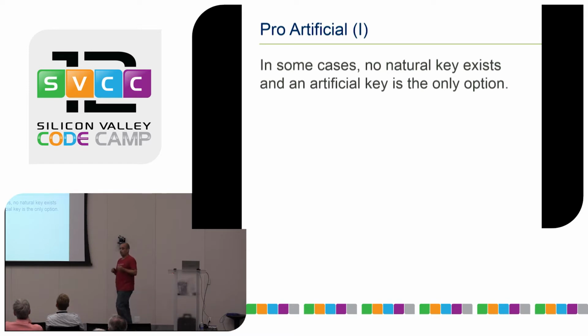Okay, so there are two camps in the world. One consists of 99.5% of the people, and this is what you'll see in most textbook examples and in articles. I call them the pro-artificial. Those are the camp that preach for always using surrogate keys. Whatever table you have, always put an ID on it, use that as your primary key.